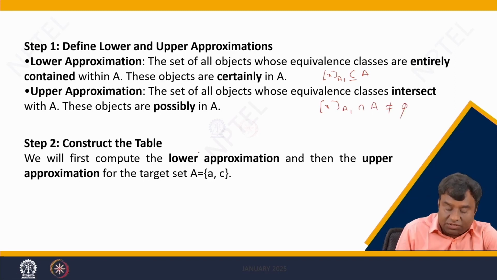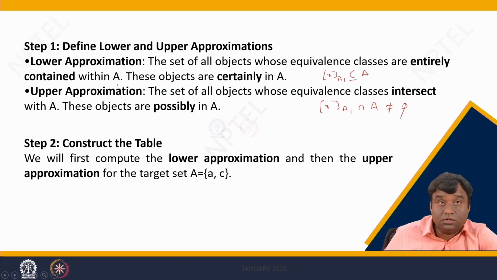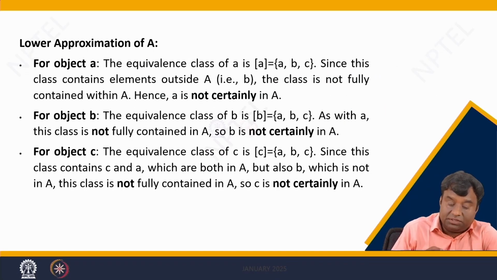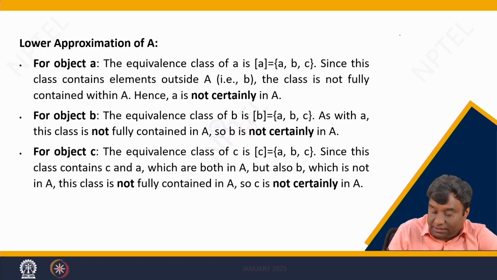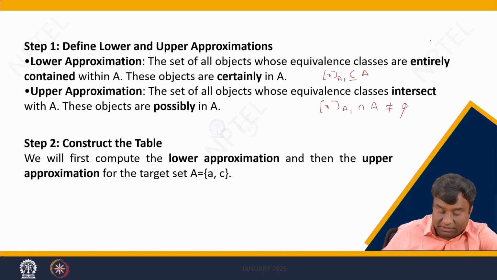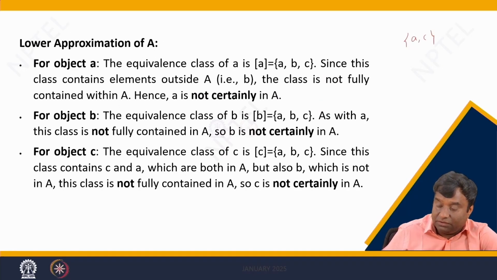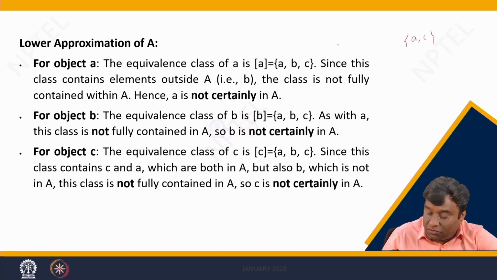So step 2 will construct the table. Now try to understand step 1. For the lower approximation, the target set is {A, C}. Here the class {A, B, C} is not a subset of {A, C}, so it will not be present.